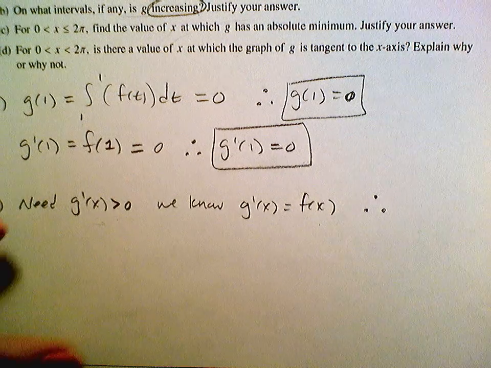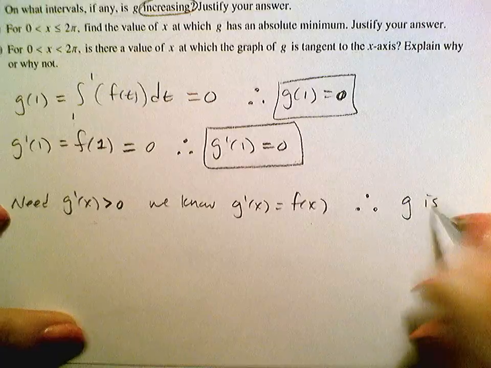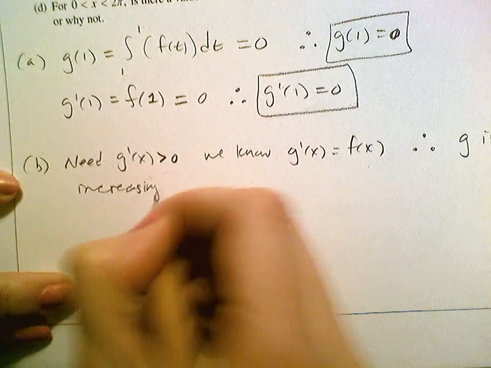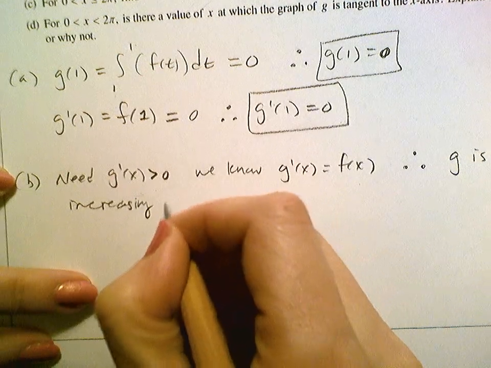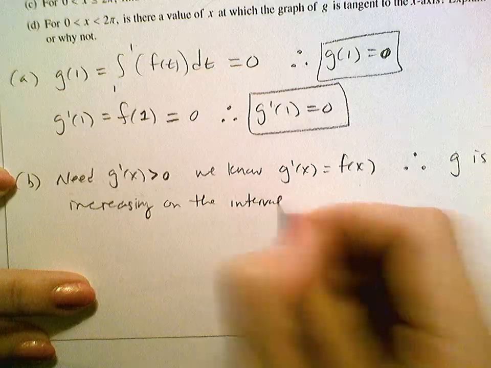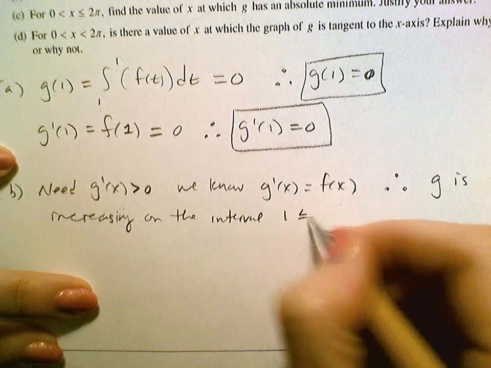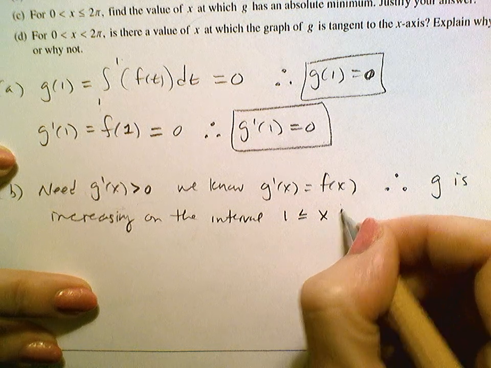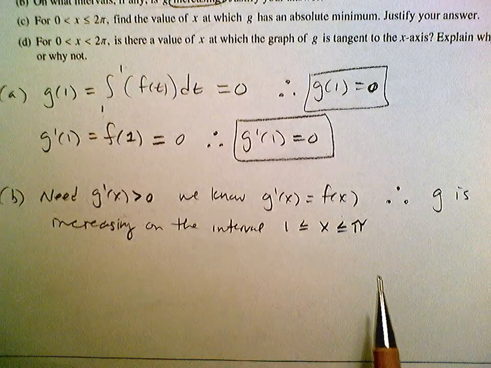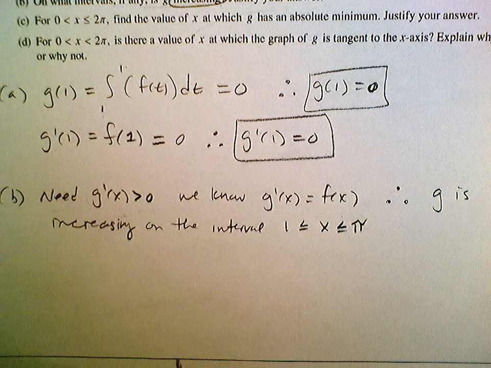Therefore, G is increasing on the interval. And guys, I guess they want you to, so we're including the endpoints, and I notice that they always seem to include the endpoints when they're talking about increasing or decreasing.